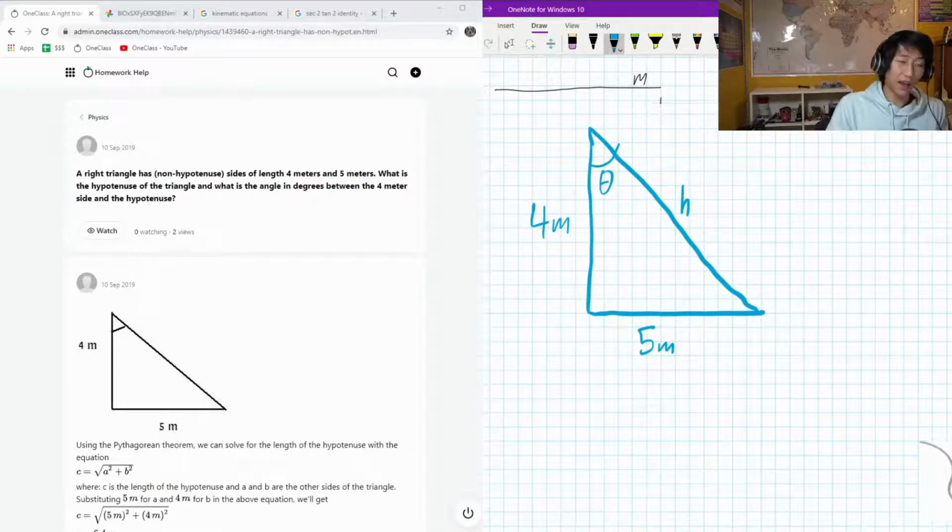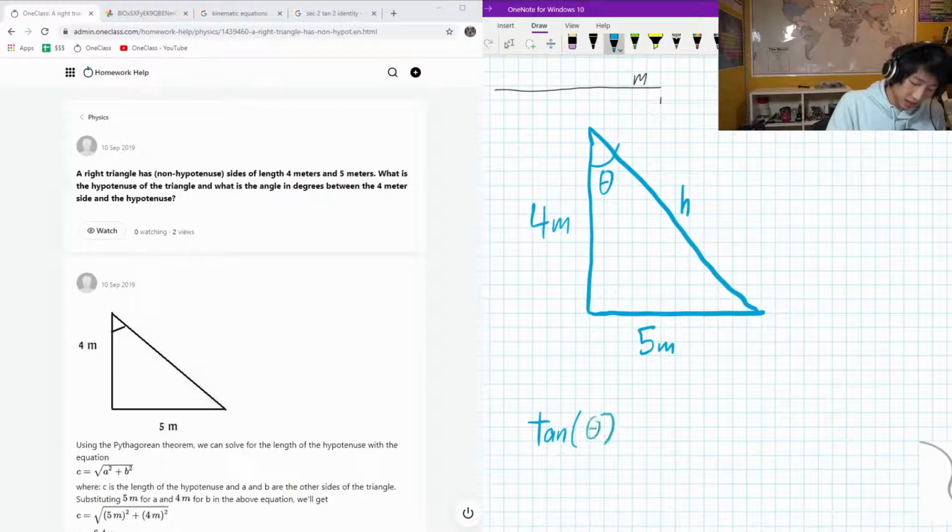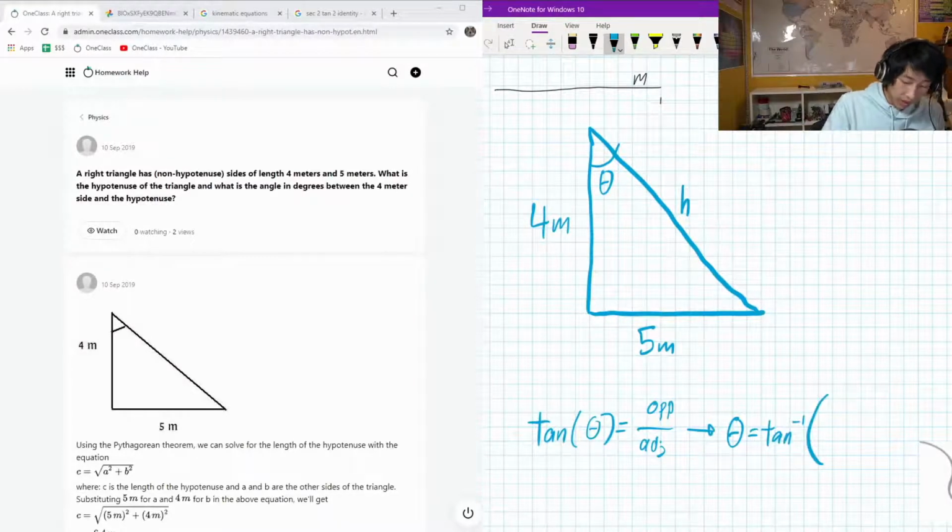Okay, so let's start with the angle, because that's going to be fairly straightforward. Thinking back to our trigonometry, tan theta is equal to opposite over adjacent. If we wanted to find theta, we would just do the inverse tan. What's our opposite in this case?